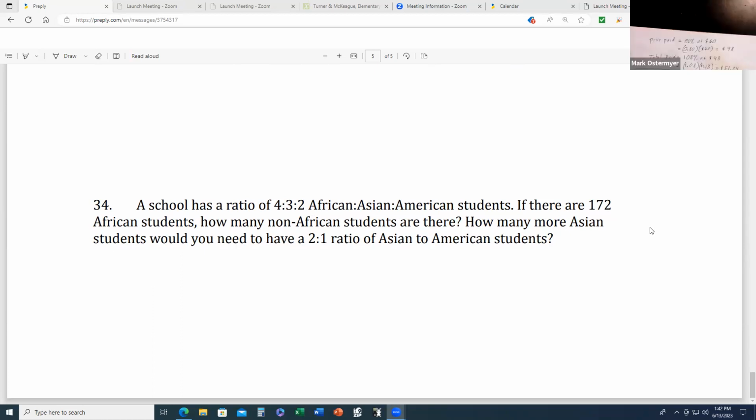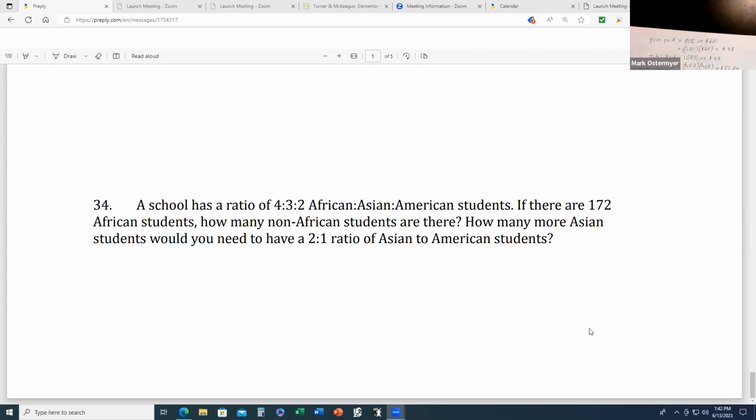How do we do this problem? 4 to 3 to 2. We don't know how many total students there are, do you agree? We'll call it X. Let X equal total students. We have to find the number of students in the school.